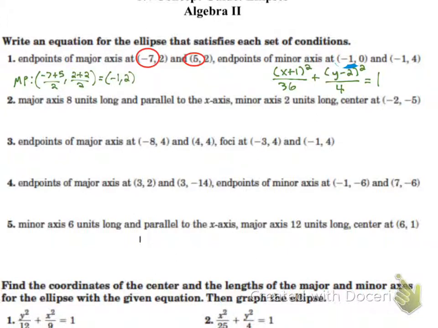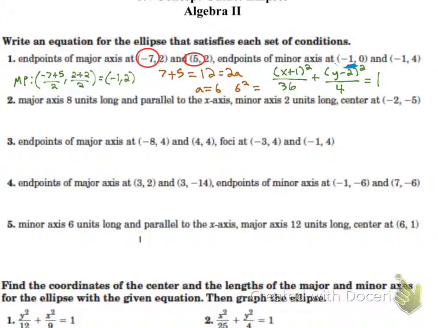Also, remember, distance is always positive, so even though that's a -7, we can do 7 plus 5 equals 12. That would be the full distance. Like we said earlier, that would be 2a. So that means a would be 6. So 6 squared, a squared, is what gives me that 36 there.